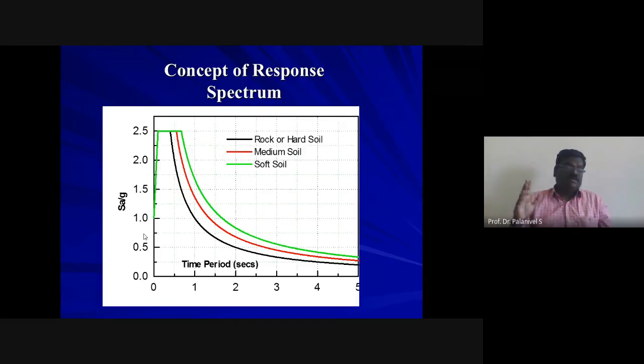Take each story as 3 meters; then 150 meters is about 50 stories. Such buildings are treated as tall buildings as per their code.